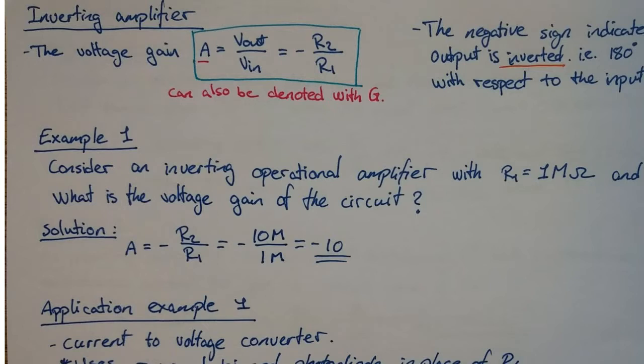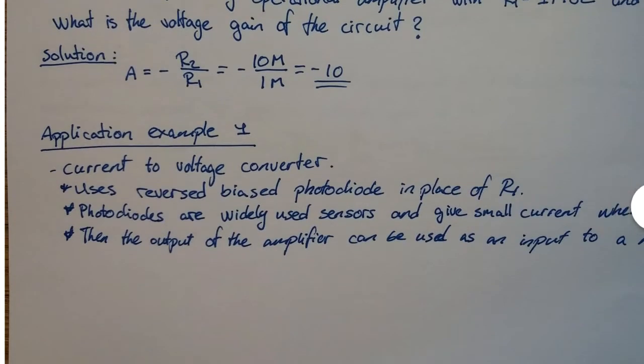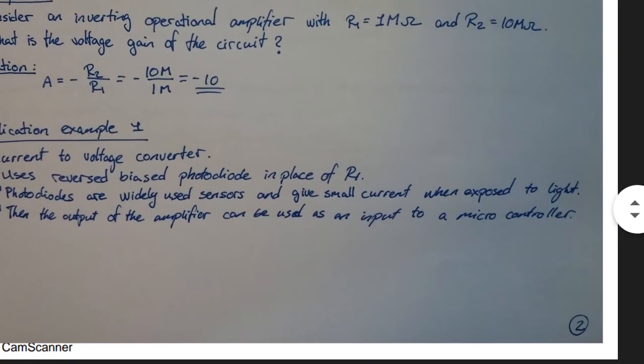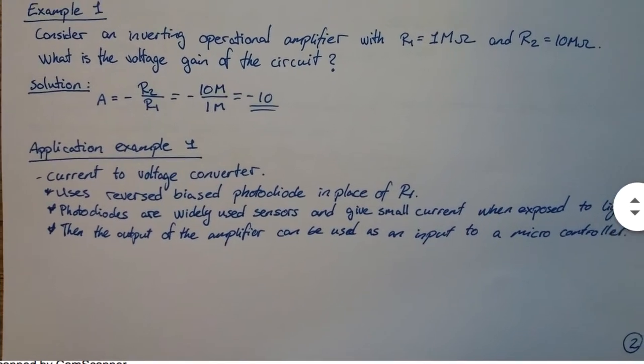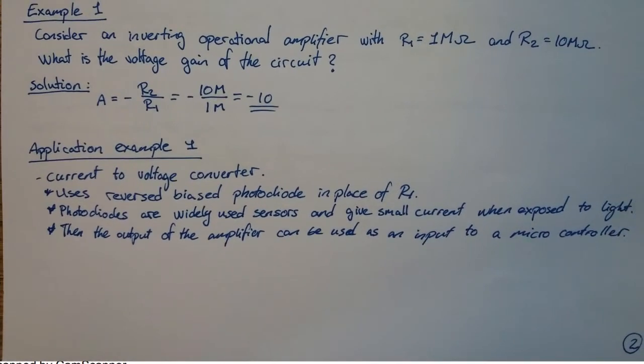Now, it's always fun to have some application examples or an idea of where to use such a circuit. Such a circuit could be used to convert current to voltage.